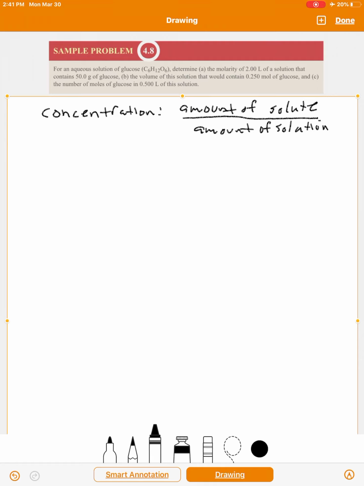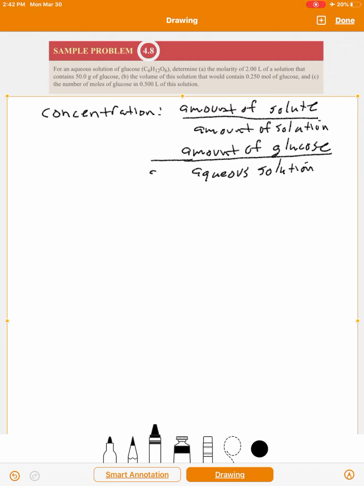So imagine that you have glucose as the solute. And then the solution is aqueous solution, meaning it's in water. You put amount of. Okay, amount of aqueous solution.